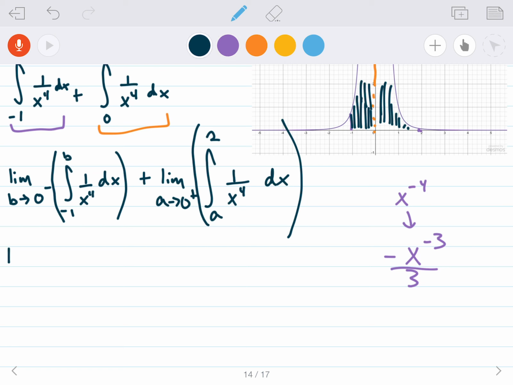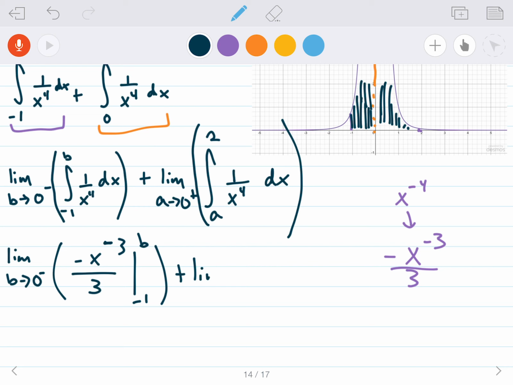So this guy, we have the limit as b goes to 0 from the left of negative x to the negative 3 over 3, negative 1 to b, and same antiderivative for the second part, but our limits of integration are going to change. So we are going from a to 2.